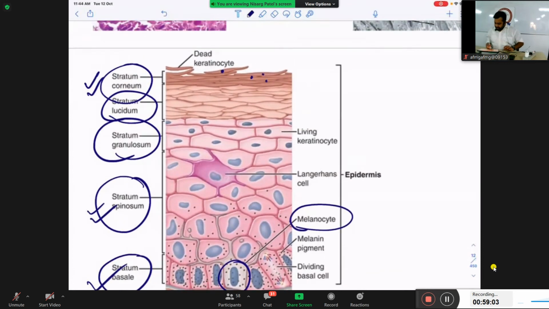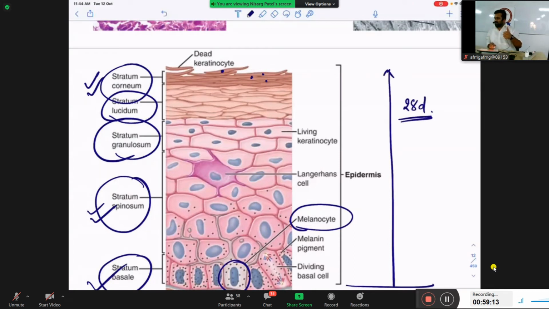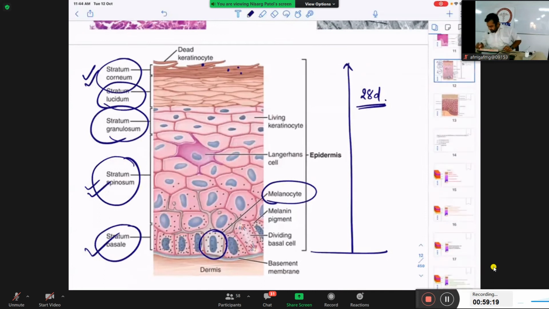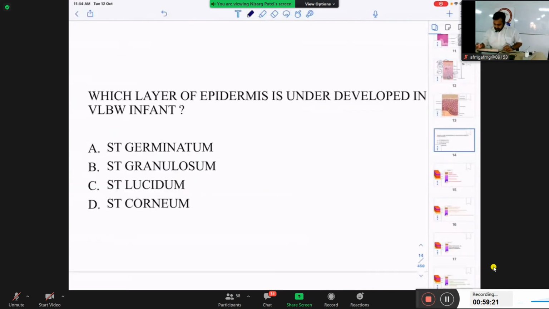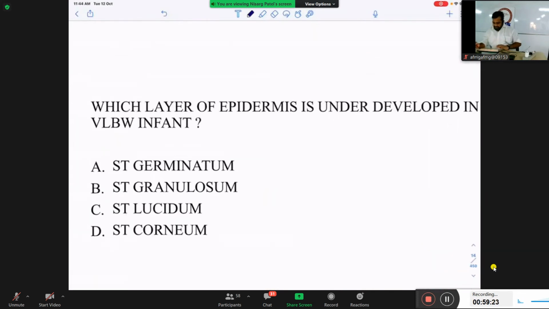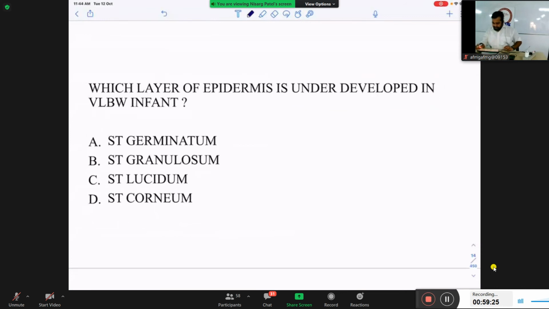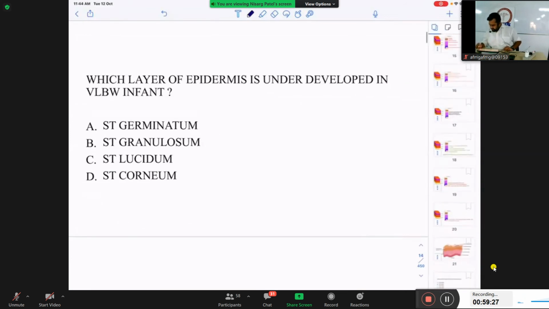My cell from the basal layer going into the uppermost layer takes how many days? 28 days. So this time is the epidermal turnover time. Reduced in which disease? Psoriasis. It is reduced in psoriasis. So now you can answer, which layer of epidermis is underdeveloped in a very low birth weight infant?